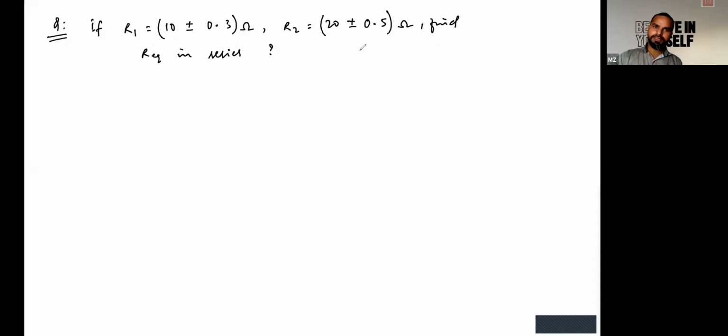You must have learned that in series, resistances or individual resistances get added.